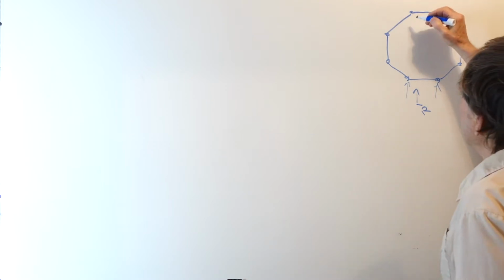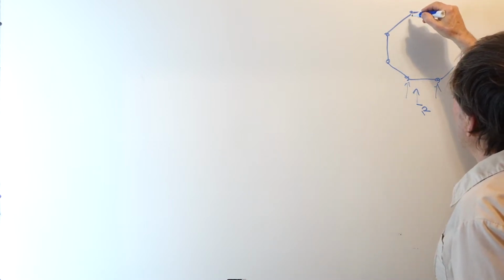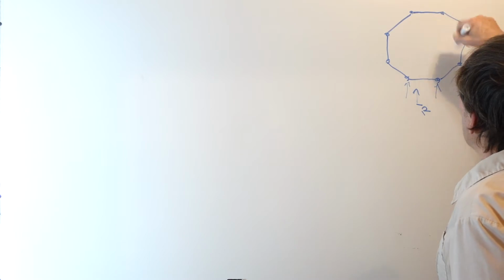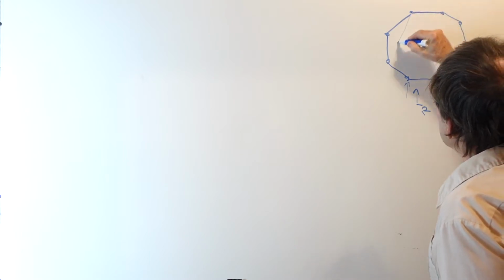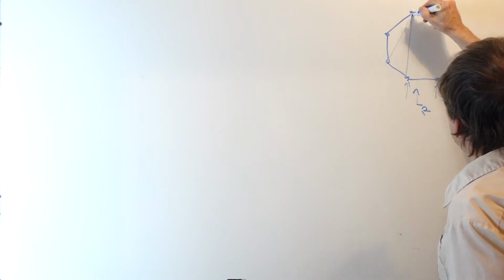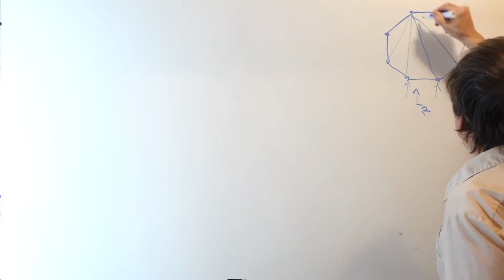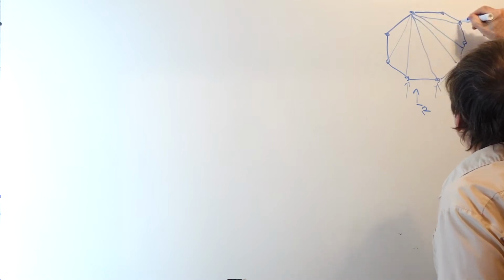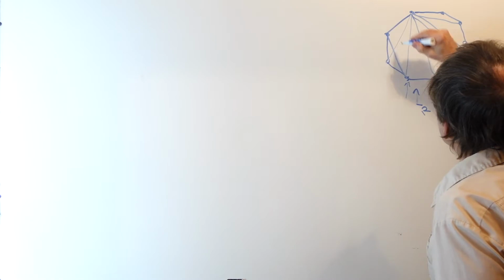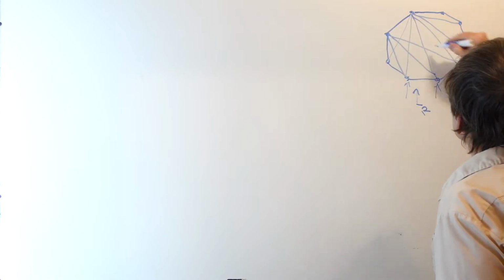Imagine that at each node you also have a 1 ohm segment going to every other node. So we have a segment going here, here, here, here, here, here, and then from here like this. You can see the picture.